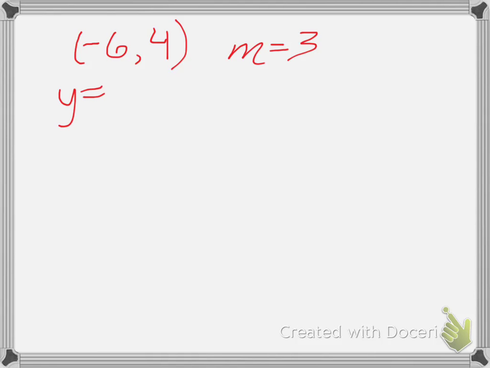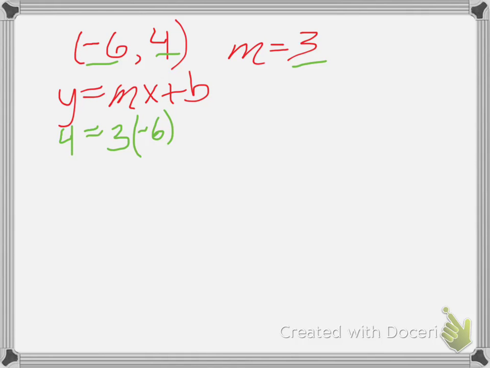Okay, so again, slope-intercept form is y equals mx plus b. So I'm going to fill in the slope, the x, and the y, and I'm going to solve. So 3 times -6 is -18.